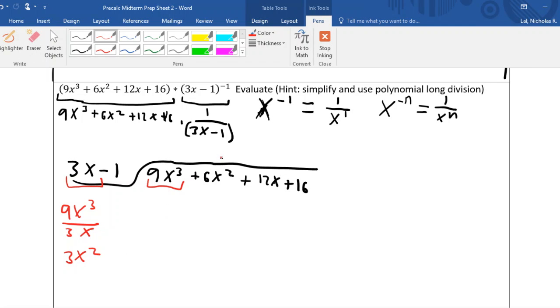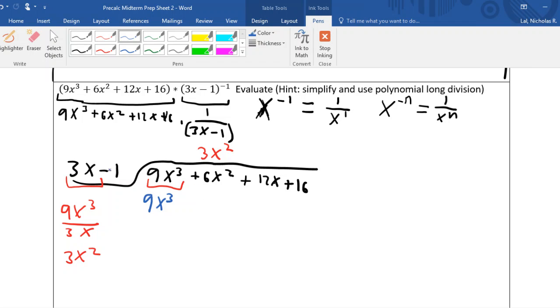I find 3x squared and I put it in my x squared place. So now I have to do 3x squared times 3x. What's 3x squared times 3x? 9x cubed. And we picked 3x squared so this would cancel out with 9x cubed.